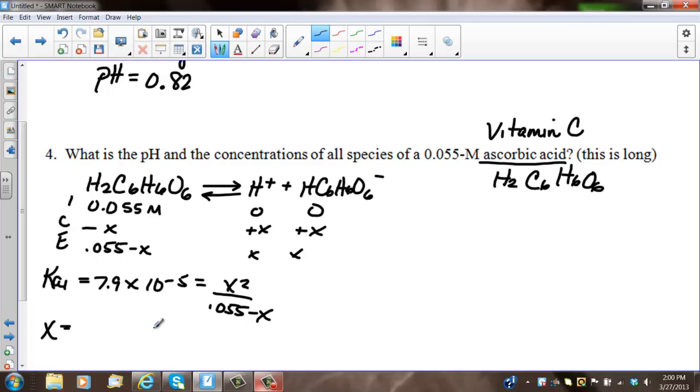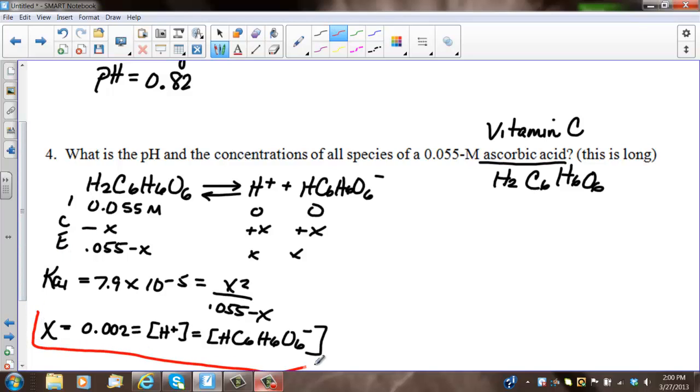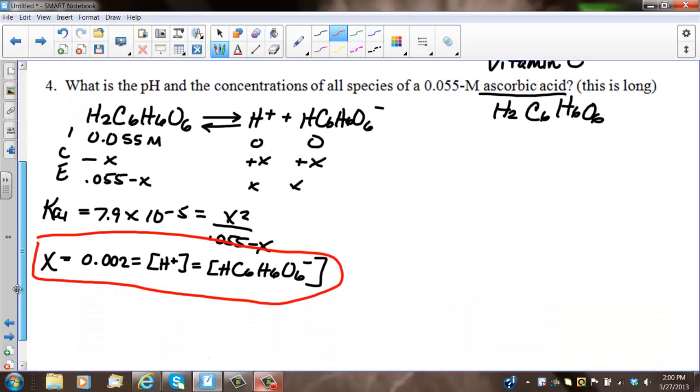X equal to 0.002, which is equal to the H plus concentration, and that's equal to the HC6H6O6 minus. So we're going to need this later. So I'm going to box it out in red so I can find it.